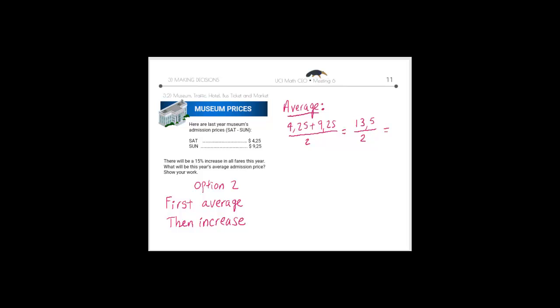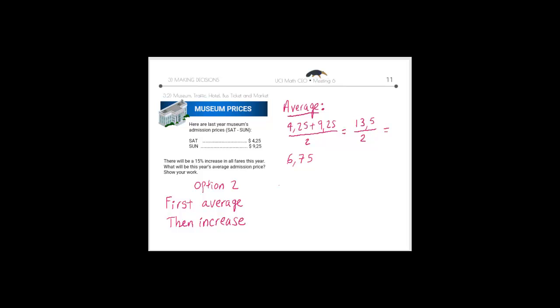So that's going to be 6, because of 12 divided by 2. And then we have 1.5 extra. We have to divide it by 2, and that's 0.75. So that's the average, 6.75. You can quickly check. And yeah, if I multiply 6.75 by 2, I get 13.5.